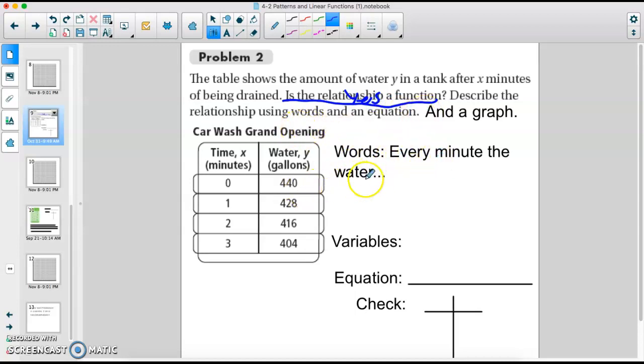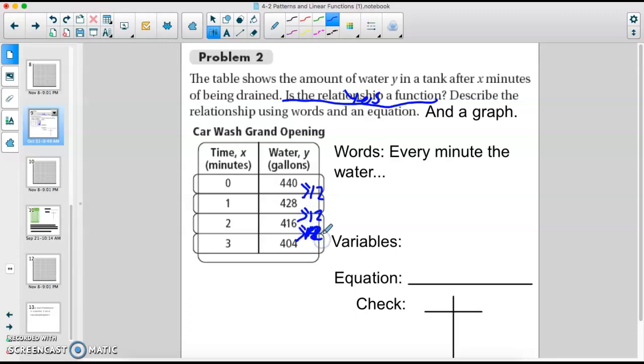So every minute, what happens to the water level? Well, let's just start subtracting here. We subtract and we get a difference of 12, and a difference of 12. Oops, and it's minus 12, right? If we were to be good about our sign usage here, minus 12, minus 12, minus 12.